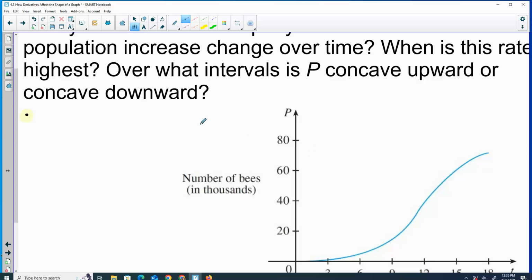It increases the entire time. Okay. So the population always increases. Is it faster at the beginning or end?